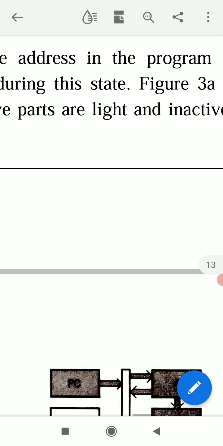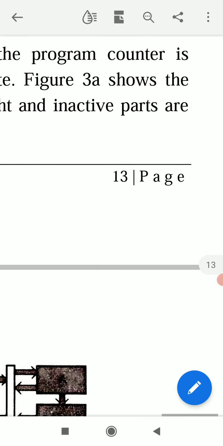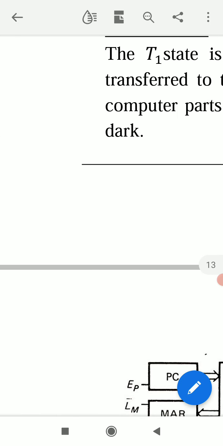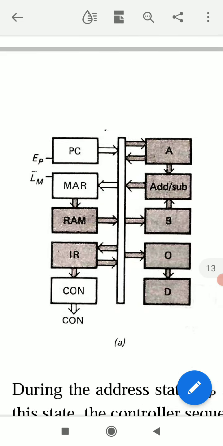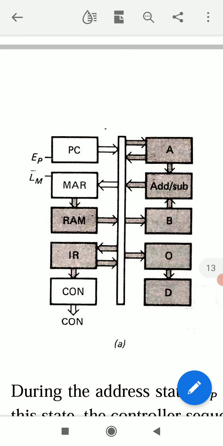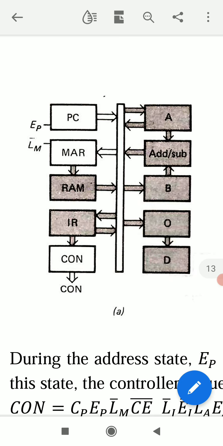Active parts are light and inactive parts are dark. This figure shows active and inactive parts of the SAP1 computer. Active parts are shown as light and inactive parts are shown as dark.